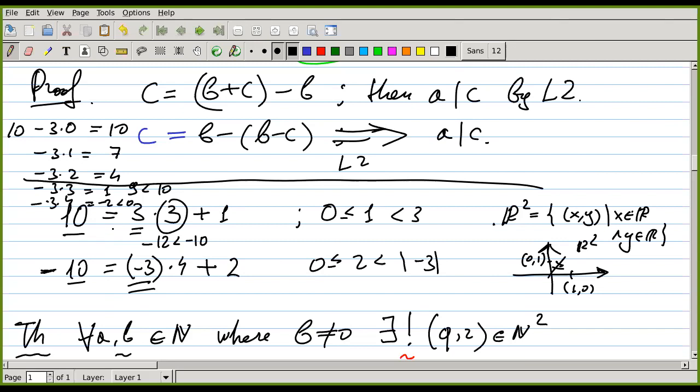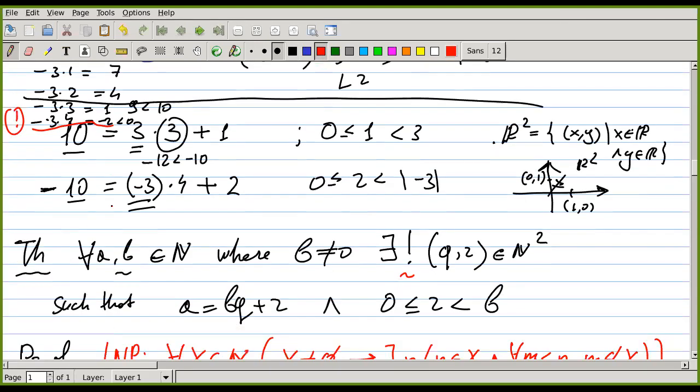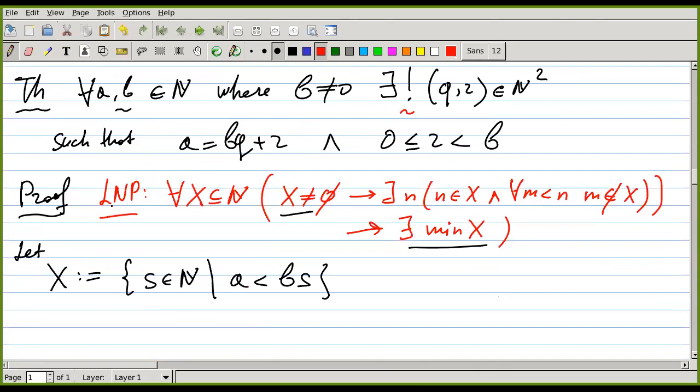So our main idea is to subtract 3 until we obtain a negative number. So formally, we do the following.